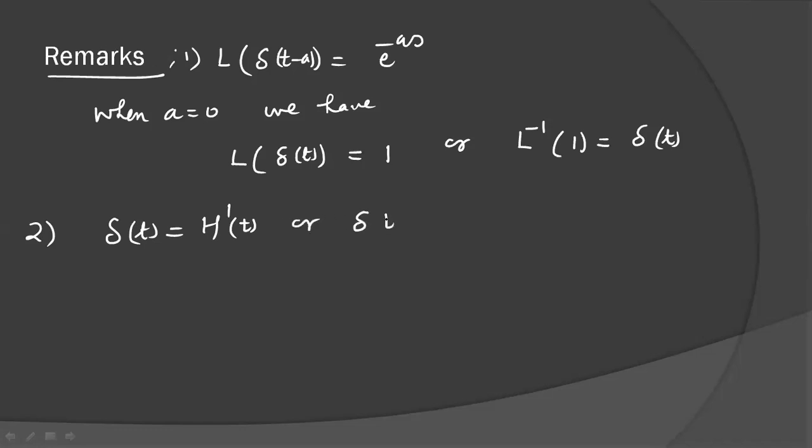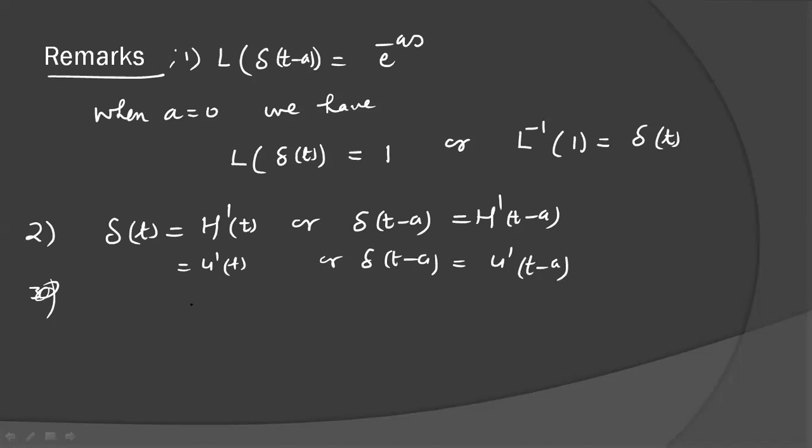Or if you have a jump discontinuity at t equal to a, it is h dash (t minus a). The third result, as I have already told you, is equal to u dash t also, because this is your unit step function, or delta(t minus a) is u dash (t minus a).